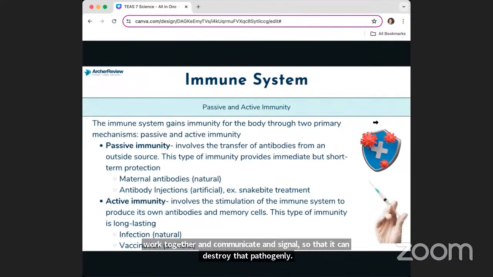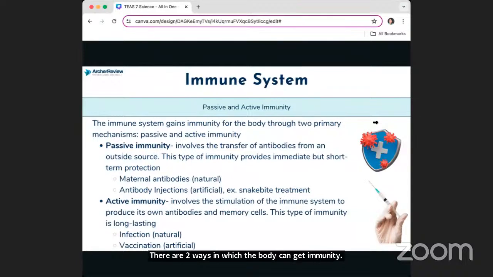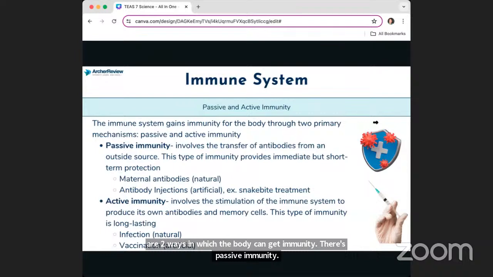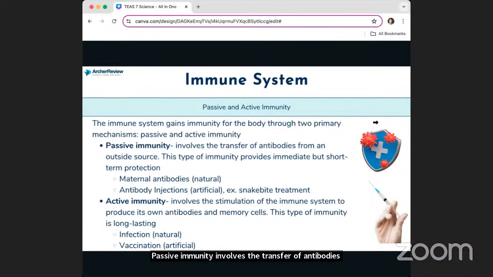When it comes to acquiring immunity, there are two ways the body can get it: passive immunity and active immunity. Passive immunity involves the transfer of antibodies from an outside source. This is not your body producing it on its own. You had to rely on an outside source to get that immunity. This type of immunity is very quick, but it is short-term protection.